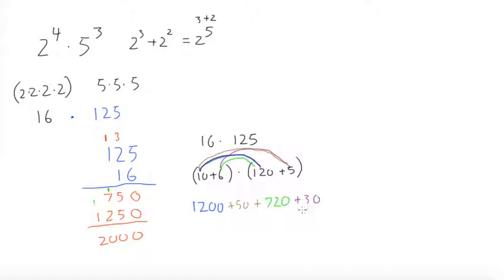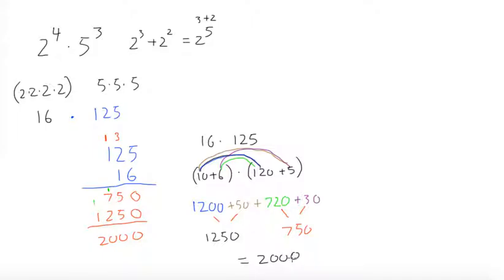This plus this is going to equal 750. And this plus this is going to be 1,250. And remember, 750 plus 1,250, well, that's going to equal 2,000.